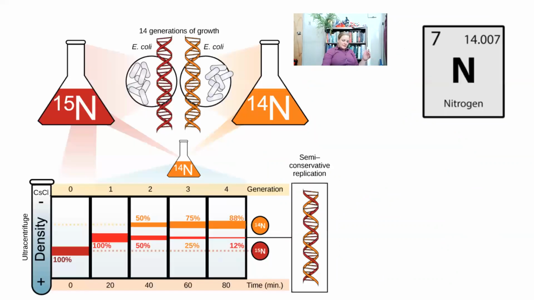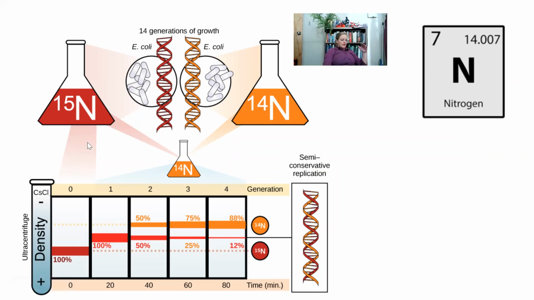The reason they used heavy nitrogen is that you can put it into a little tube in the centrifuge and spin the heck out of it, I think at around 32,000 rotations per minute. That's stupid fast, right? DNA that has the heavy nitrogen is more dense, so it's going to fall out at a lower level than the regular light nitrogen.